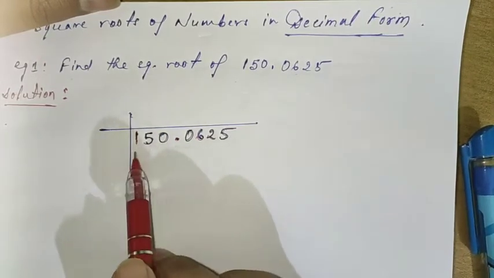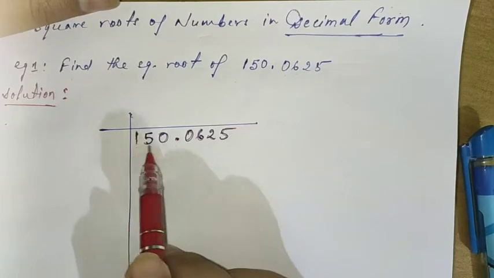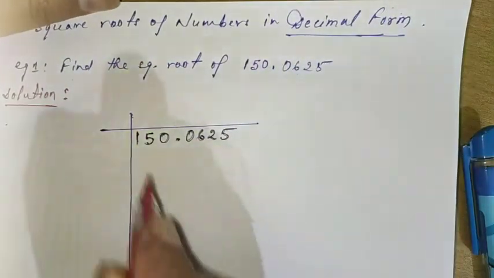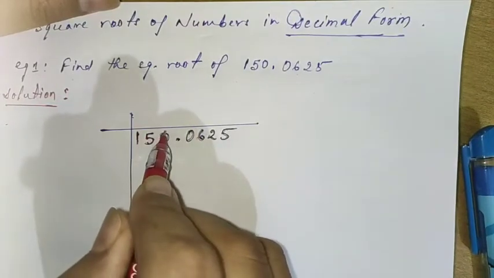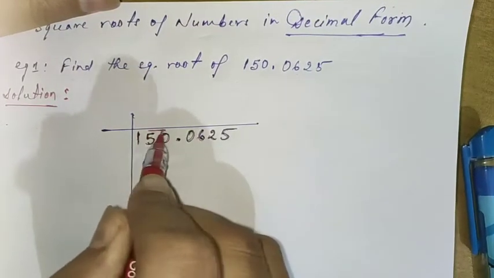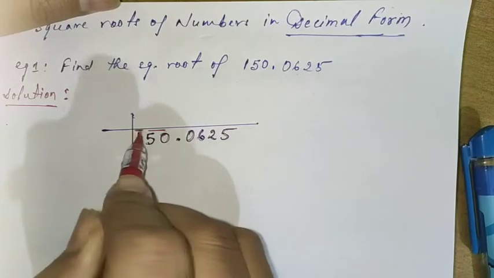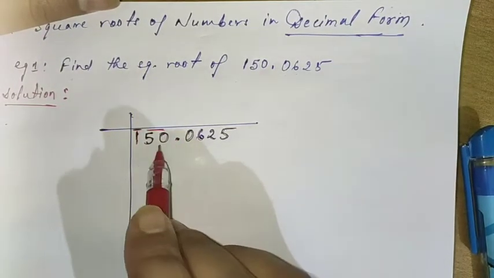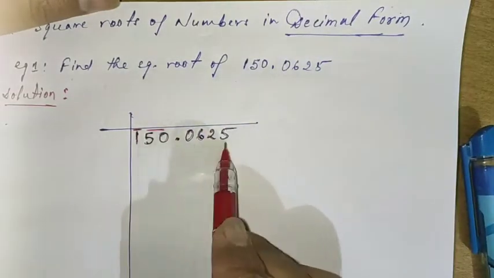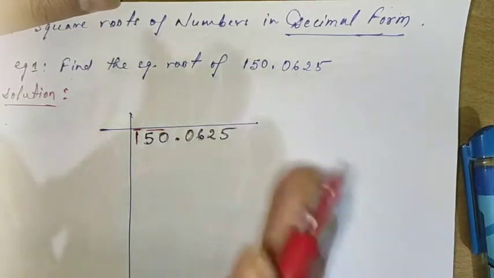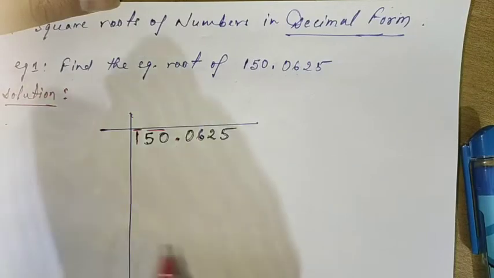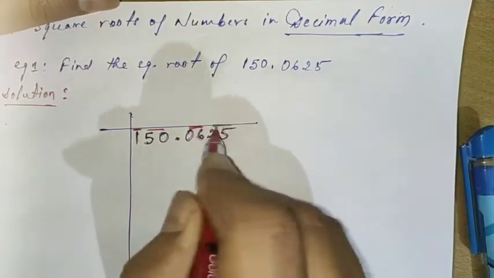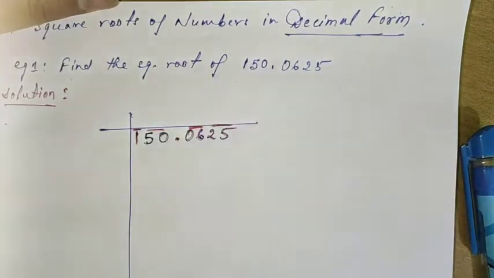Along the whole number part we make pairs from the right-hand side. So these two digits will form one pair and this digit will be single. In the decimal part we will make pairs from the left side, so these two digits will form one pair and these two digits will form another pair.